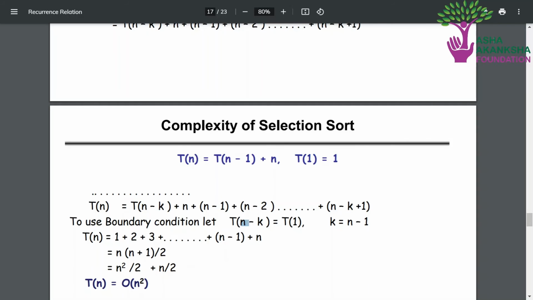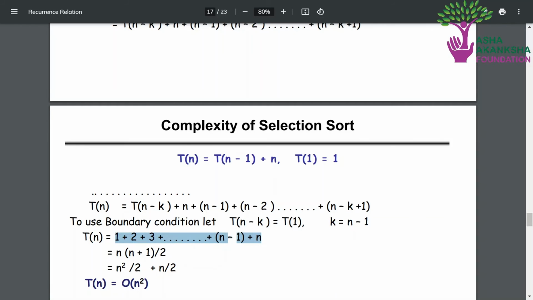So we will put n minus k equals 1, or k equals n minus 1. So we will substitute this value in the previous equation. We'll get T of n equals 1 plus 2 plus 3 till n minus 1 plus n, and this is a simple AP.